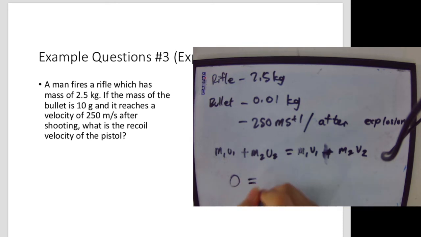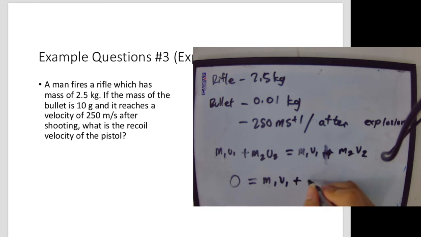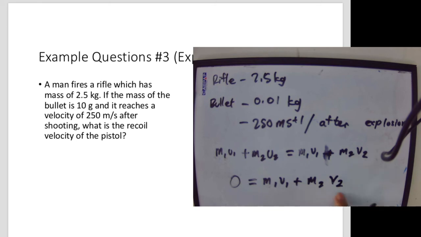So, zero equals... and now we have the final velocity plus... Okay, we have the velocity of the bullet. So bullet is 0.01. Velocity is 205.